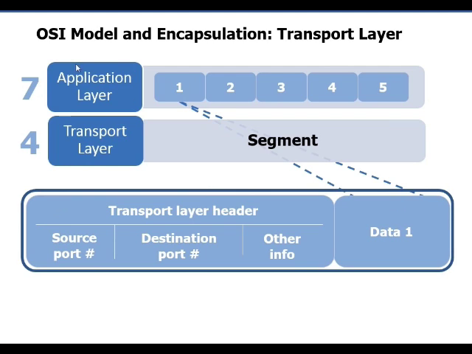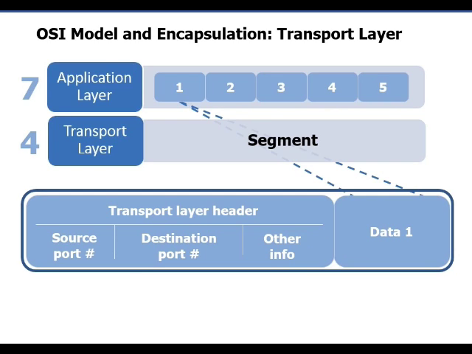We put the first data segment inside of that envelope, and then we put header information on it. The transport layer header is going to have a source port number and a destination port number for its addressing, and then other information is going to be included in the transport layer header.